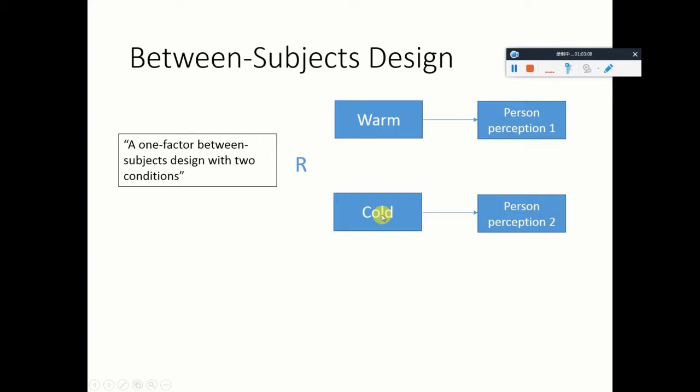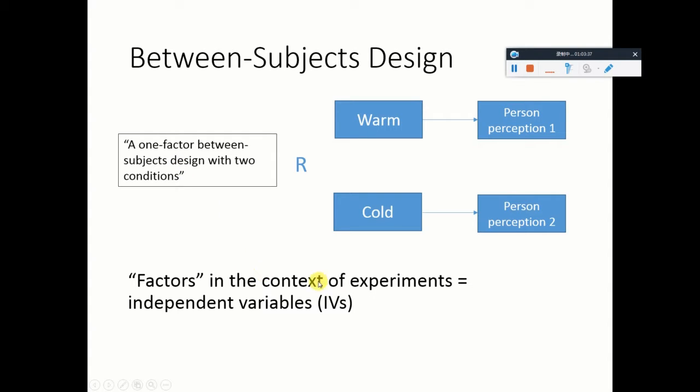The participants in these two different conditions are totally different. So that's why it is a between subject design. And that's why we call it a one factor design: interpersonal warmth is the factor, the independent variable, which has two conditions in a between subject design. So factor, as we say in the context of experiments, is the same thing as independent variable or IV. So we can use factors or IVs interchangeably.